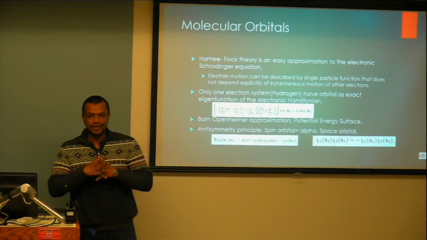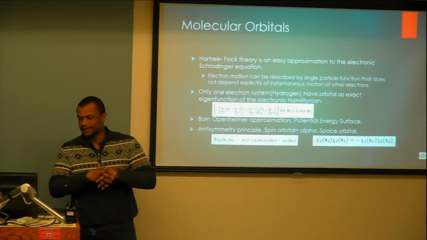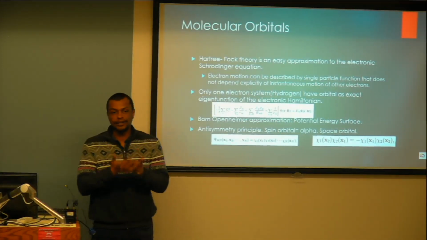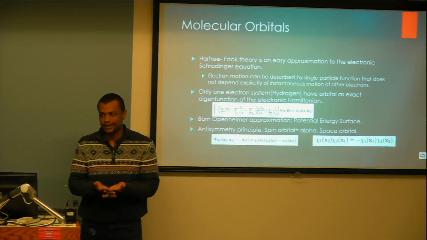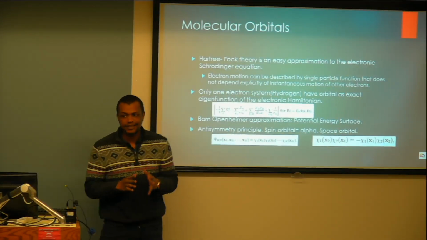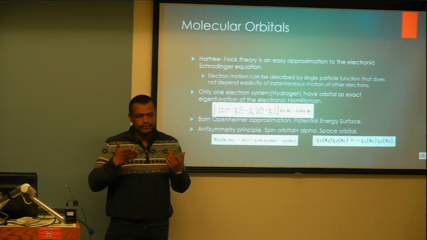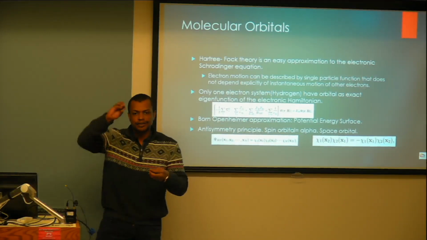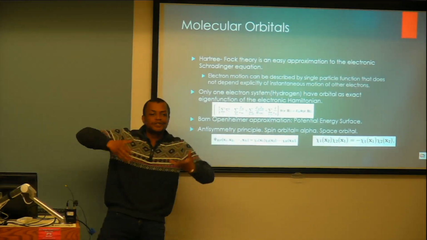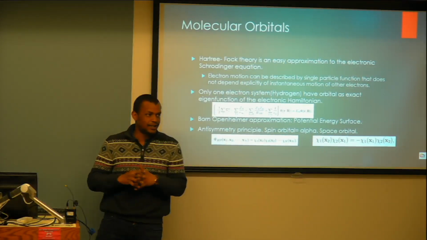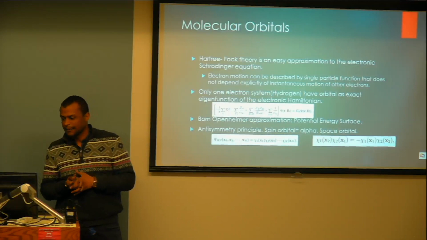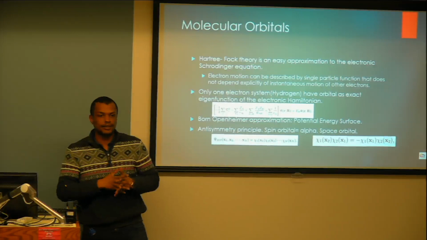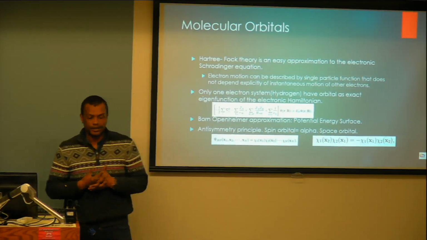And so Hartree-Fock tried to approximate the solution of the time-independent Schrödinger equation, assuming that the motion of an electron doesn't depend on the motions of the other electrons close to it. So that's the main assumption, and that's what I wrote here. It can be described by a single particle function that doesn't depend explicitly on the motion of the other electrons.